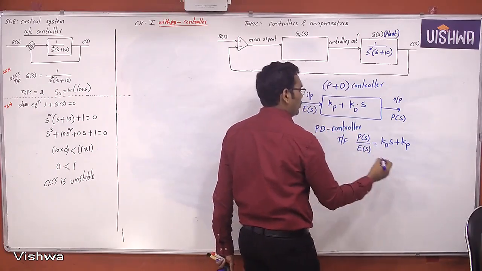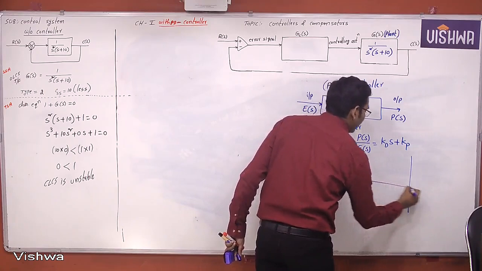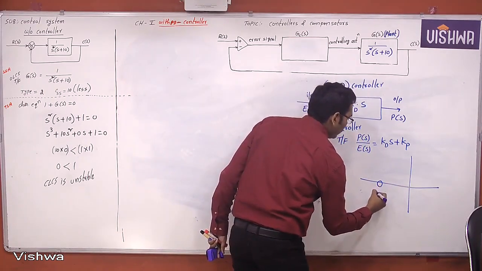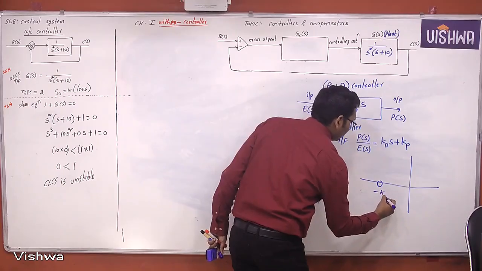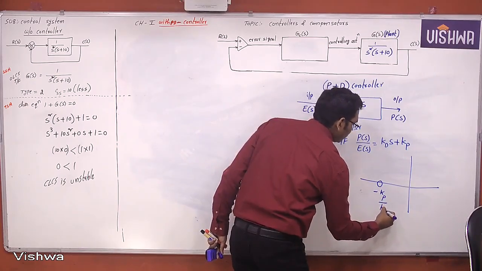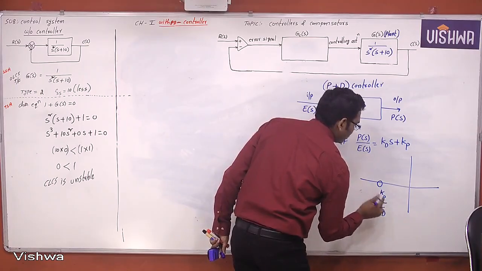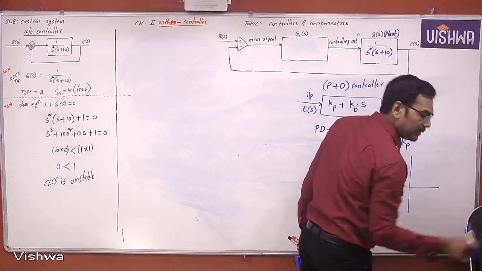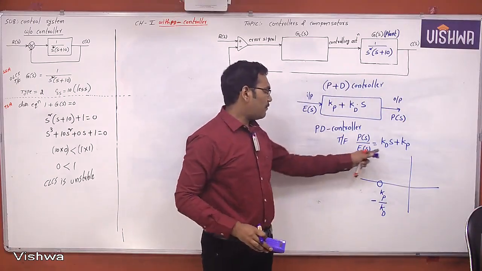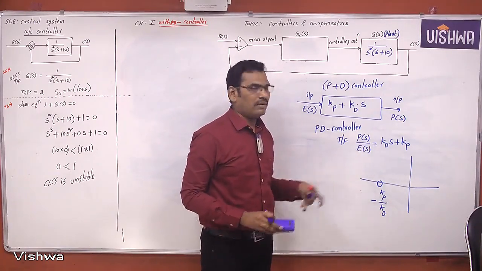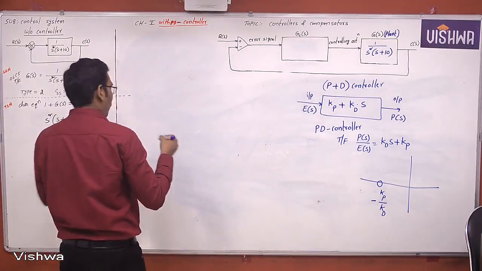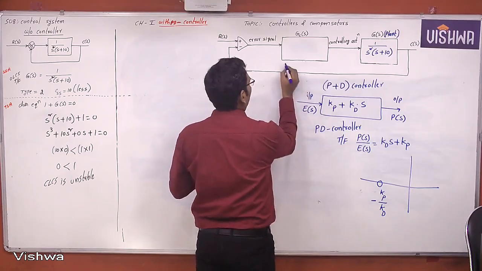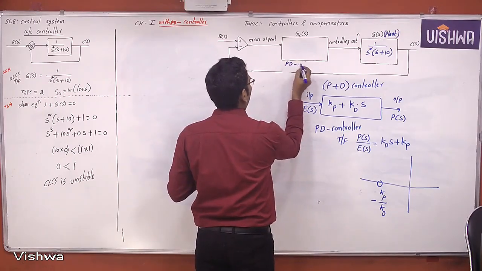So the PD controller will produce a finite zero in the left hand side of S plane. Now this is the PD controller. Now we will see what happened with the PD controller.